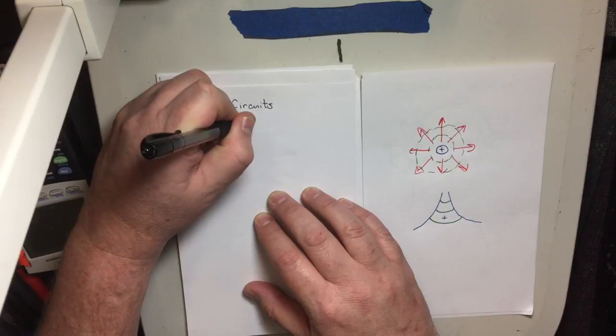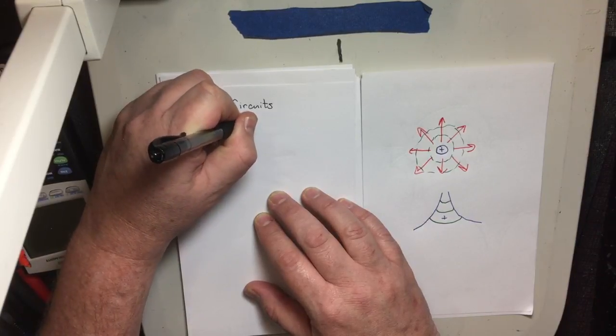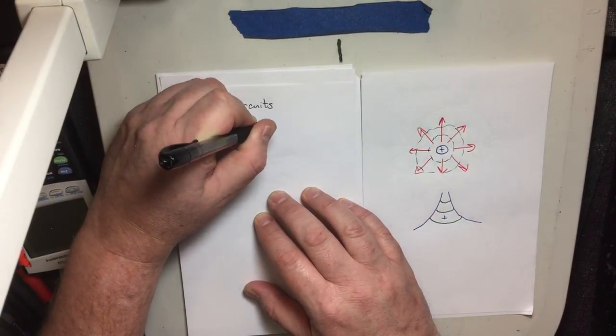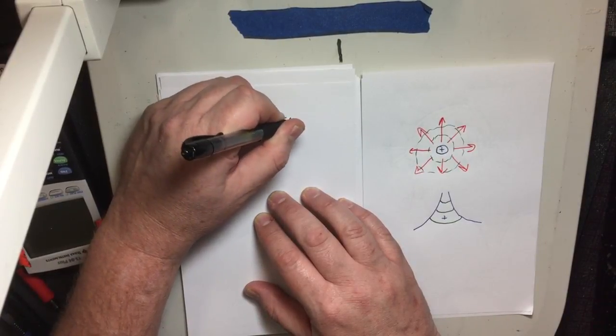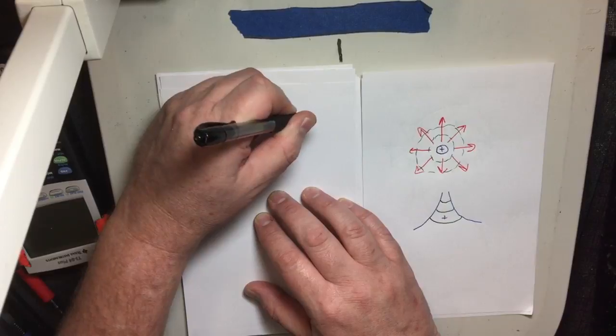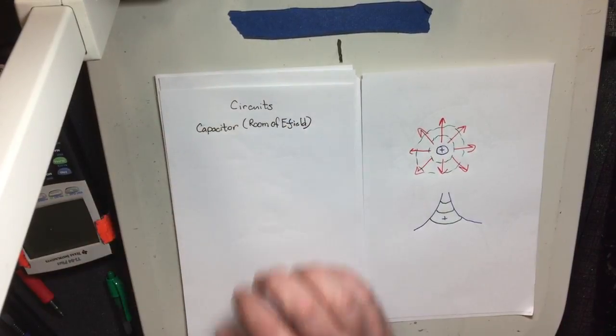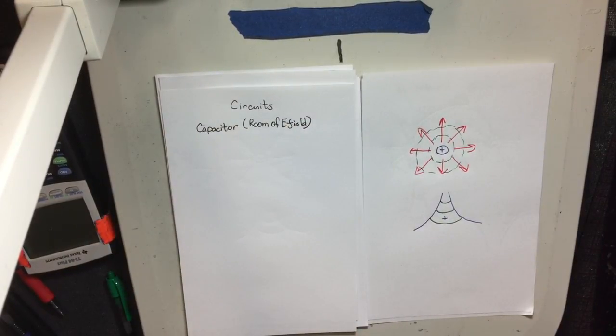It's the room of E field. Now granted, capacitors are way smaller than a room of E field, but we've done examples where one of the walls is positive, the other wall is negative, and everything in the room has a consistent E field.